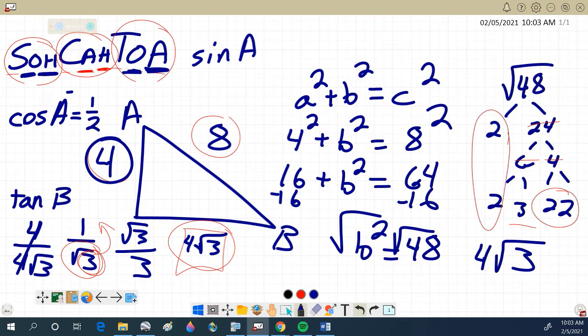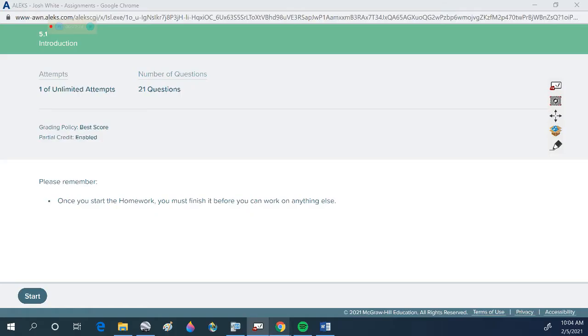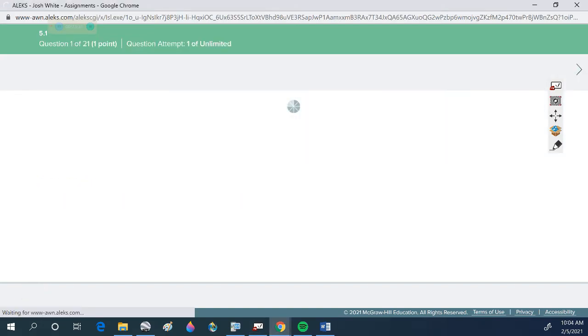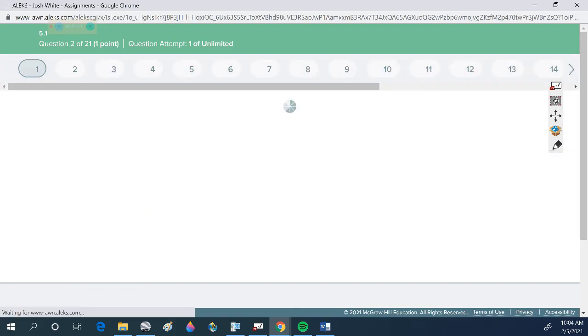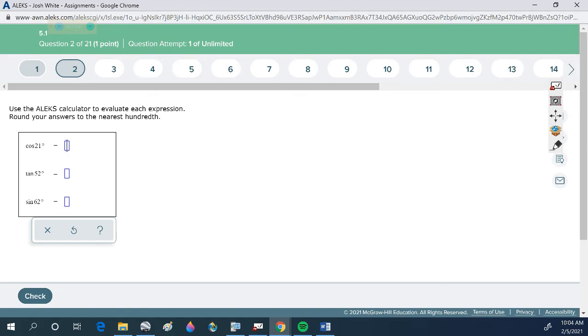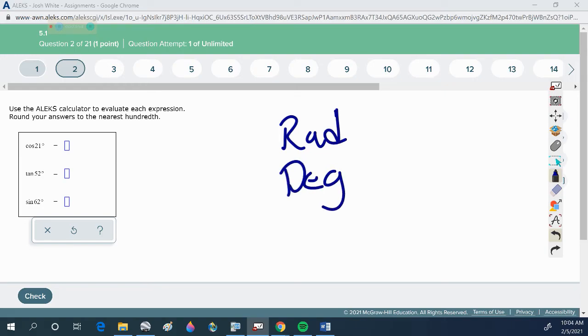Okay, let me look at your assignment, make sure I covered everything. Okay, so that one you just do sine, cosine, and tangent. These you just plug into your calculator, but you have to make sure that on your calculator there's a rad button or a deg button.